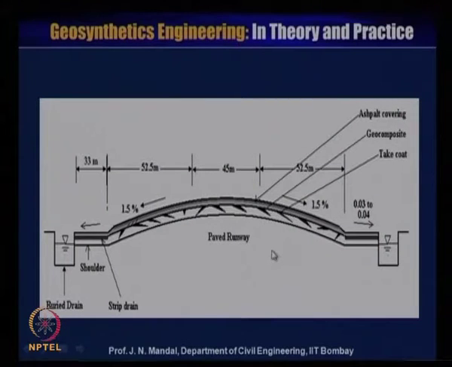Look at this picture. This is the paved runway and this is a soldier and this is the buried drain. In the conventional method, we do not provide any geotextile material on the top of the pavement, but you can provide the geocomposite and then asphalt covering on the top.